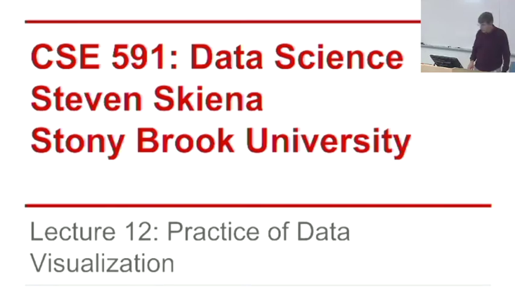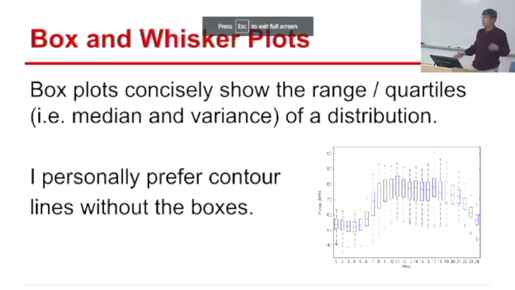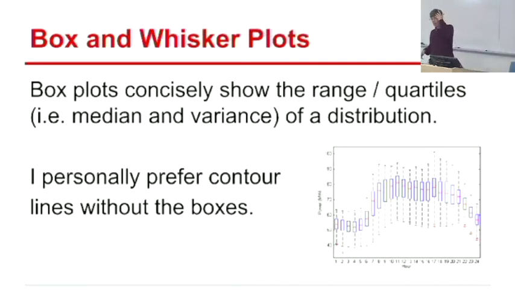So what I want to talk about now is I want us to get back to visualization. Last class we started talking about this idea of data visualization, and we started going through the basic Tufte kind of ideas for talking about visualizations. What I would like to do is to talk about a couple of other kinds of plots that people see, and what makes them good and what makes them bad.